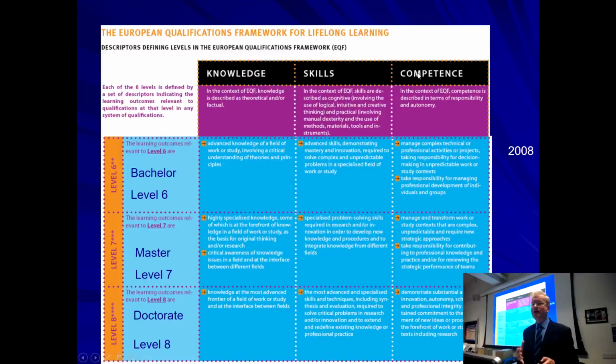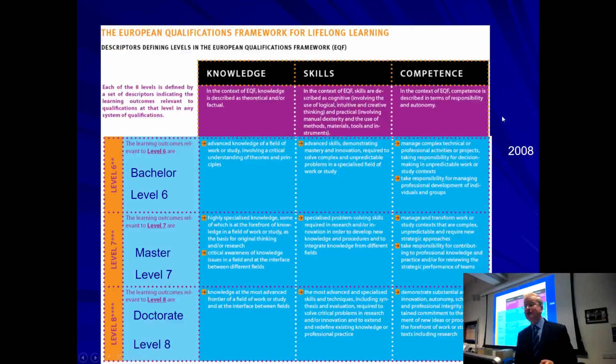But as time went on, they realized, with research in this area of competence, that it really wasn't a good word to use, because they interpreted competence as responsibility and autonomy. Competence is different from knowledge and skills. Unfortunately, in Ireland, competence is interpreted in terms of overlapping with knowledge and skills.